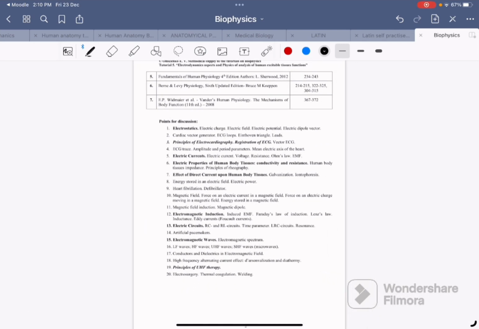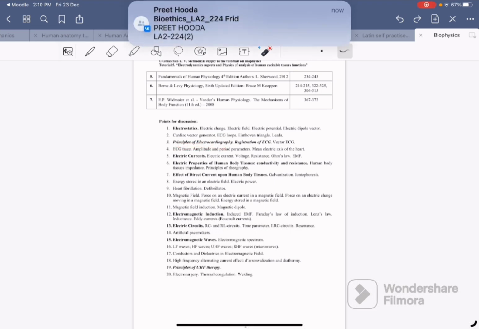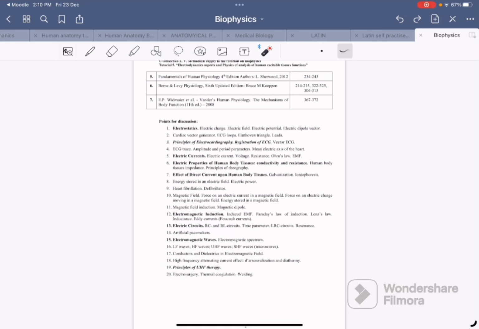First of all, in this lecture, we are going to discuss all of this. Electrostatics and ECG, and the principle of electrocardiography, usually ECG, to vector component using physics, and the ECG trace amplitude, parameter, mean electric axis of heart, and electric properties of human body tissue.